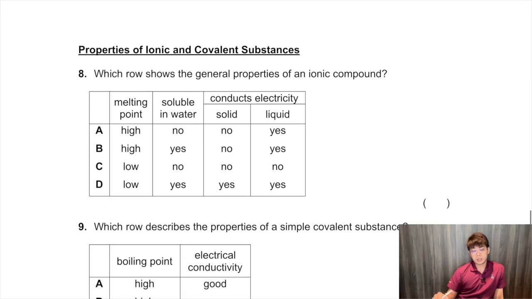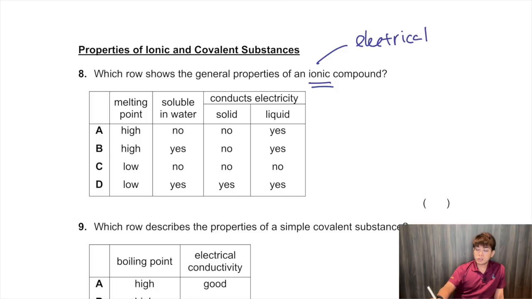Now we're in the third section, so properties of ionic and covalent substances. So you must remember that the melting point and the conductivity of ionic is very special. So I think that's the first question. Question number 8. Which row shows the general property of an ionic compound? When I look at an ionic compound, I will most likely look at the electrical conductivity first.